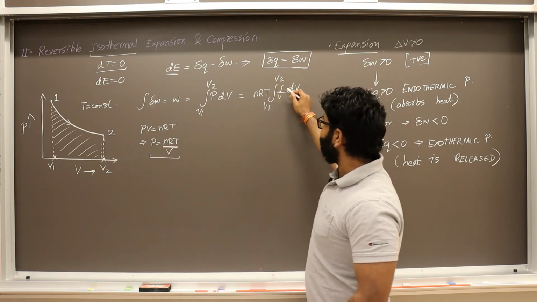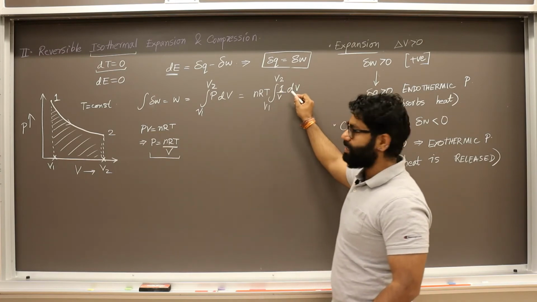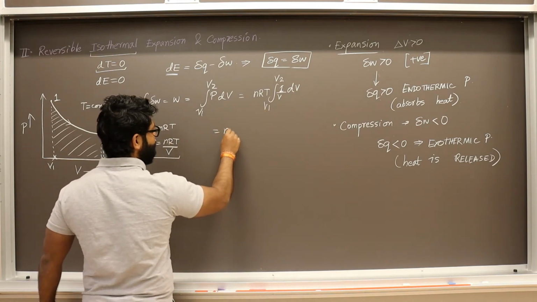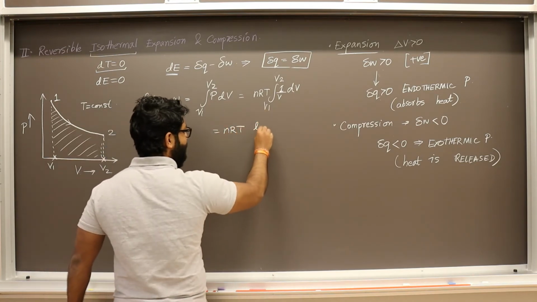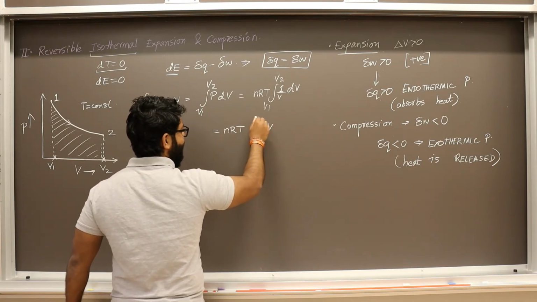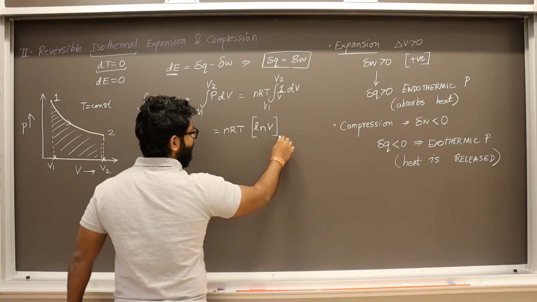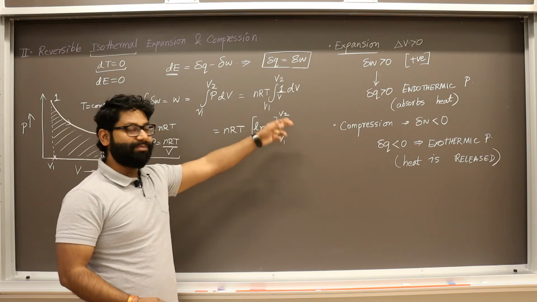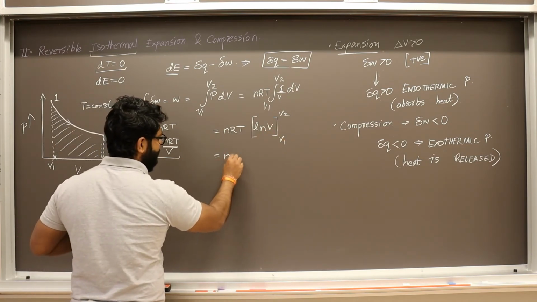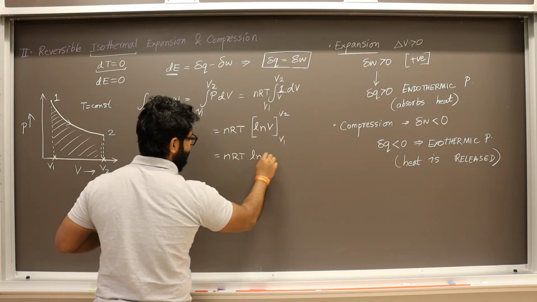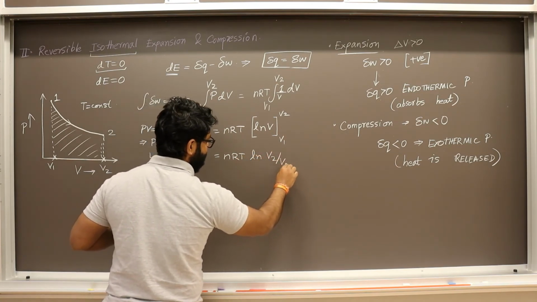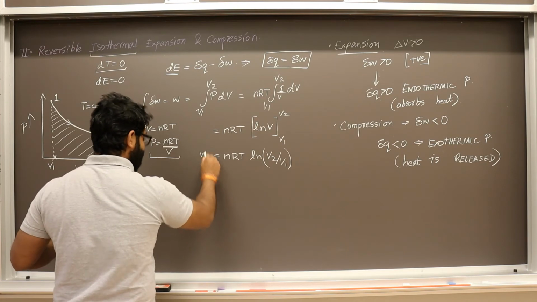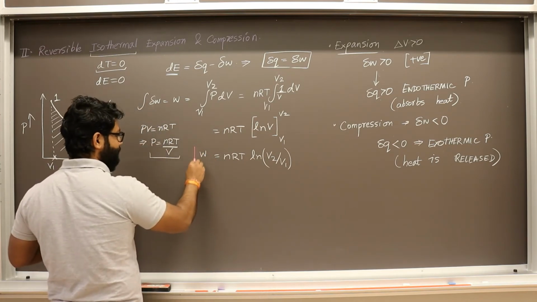Now, what is the integration of 1 by V times dV? dV by V integrates to the natural log of V. So this becomes nRT ln V, with the lower limit V1 and the higher limit V2. So this is a definite integral, right? What will be the value of this? nRT ln of V2 by V1.